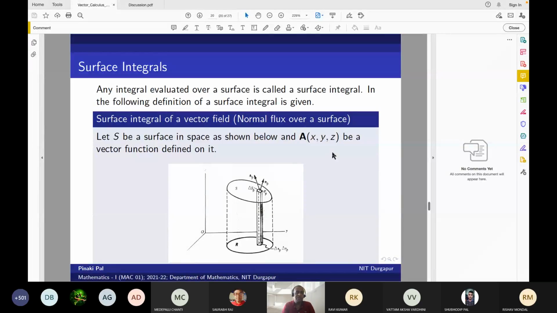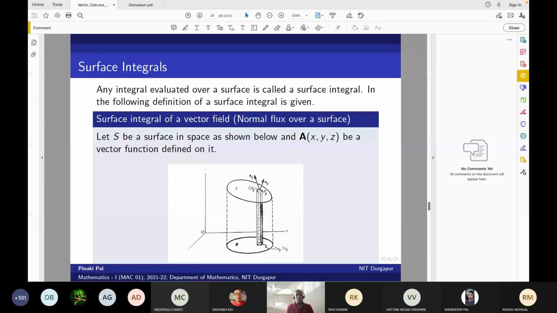So A is the vector function and S is the surface, the region of integration. Then we divide this entire S into finite parts, out of which a representative part is delta S, shown with this small black rectangle-type region over here.